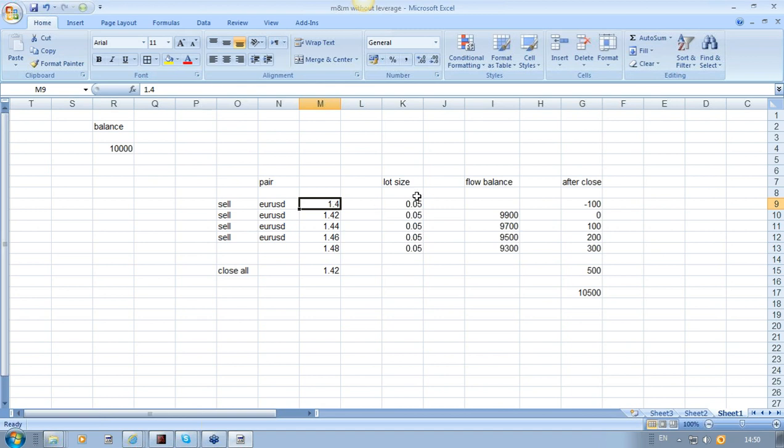Then I go for 0.05 and it goes against me 200 pips. I don't set stop loss here. Now I add another, if it goes against me, another same lot size position, Nigel, as you said.